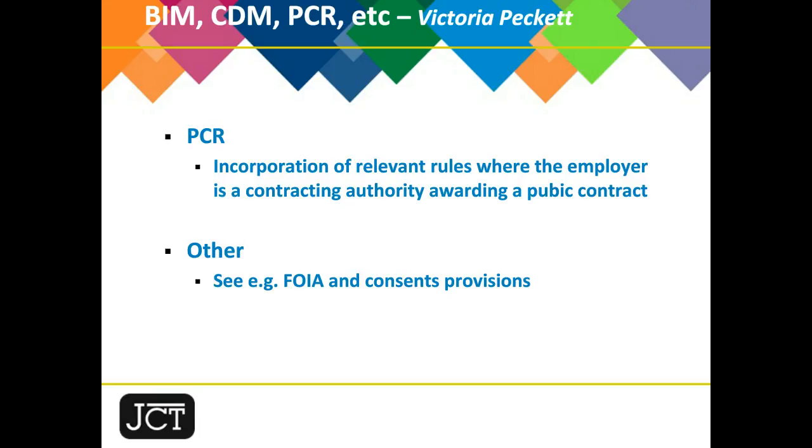So most of those amendments will be found in the supplemental provisions because, of course, they're not going to apply to all contracts let using JCT standard terms. So we felt the best place to put those amendments was in the supplemental conditions. However, the termination provisions are included within Section 8 of the JCT terms, and you need to look there for the relevant provisions dealing with termination that I referred to a few moments ago.